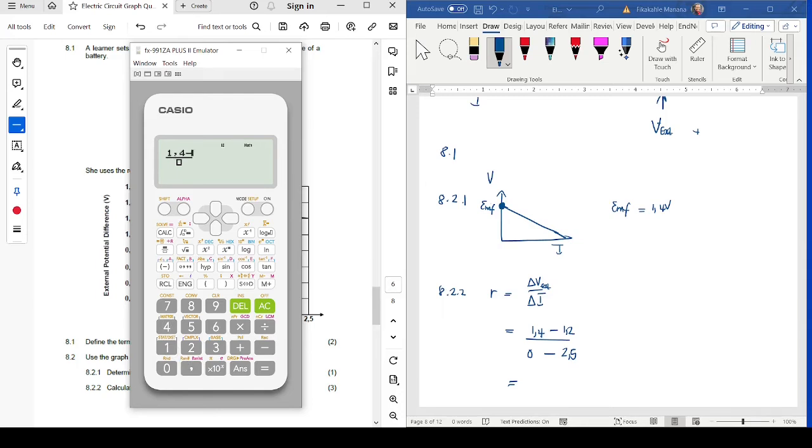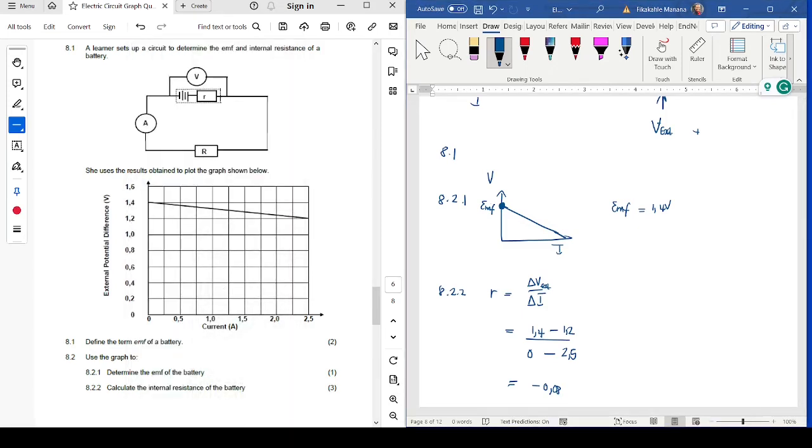1,4 minus 1,2, and then we have negative 2,5, and you have an answer of negative 0,08, and that is basically that.